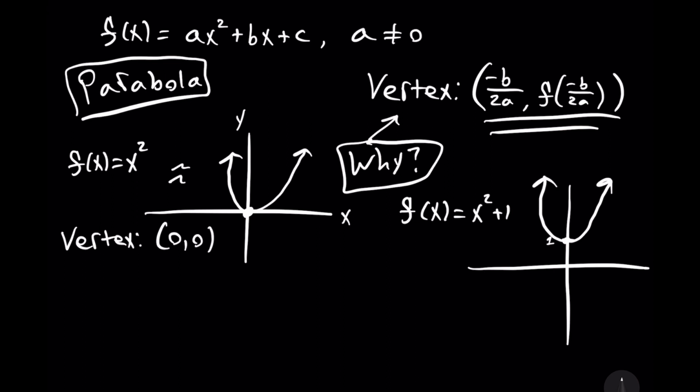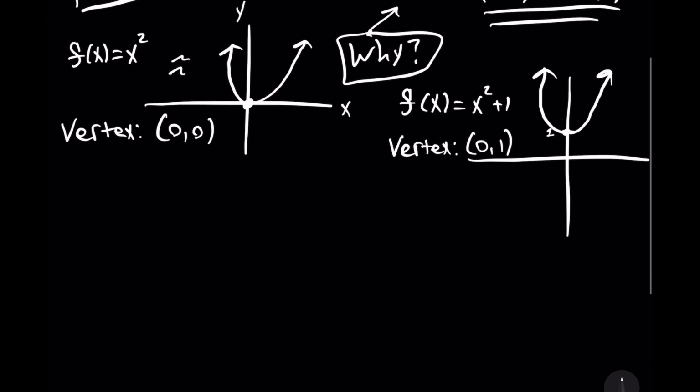The only difference with x squared is that x squared plus 1 has it that the parabola has been shifted up 1 unit from the origin. Or in other words, the vertex is at 0, 1.